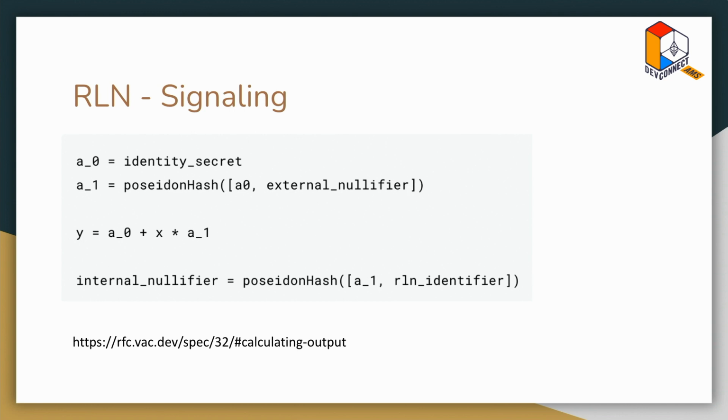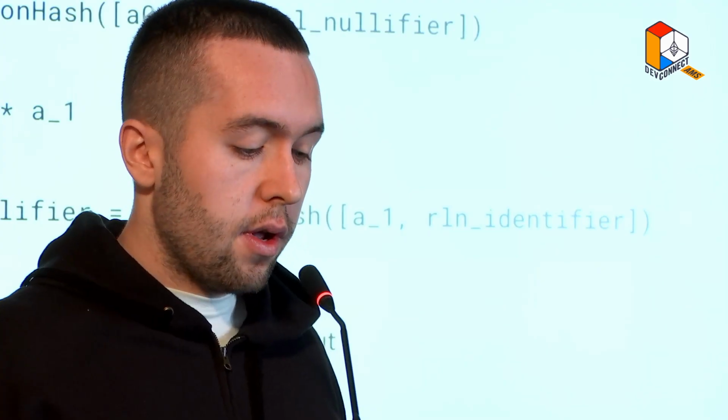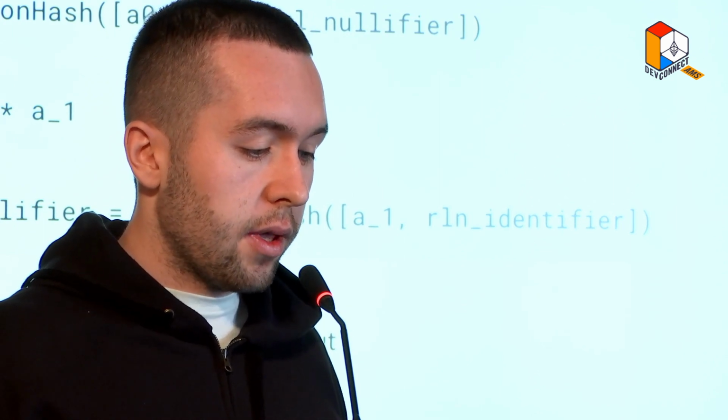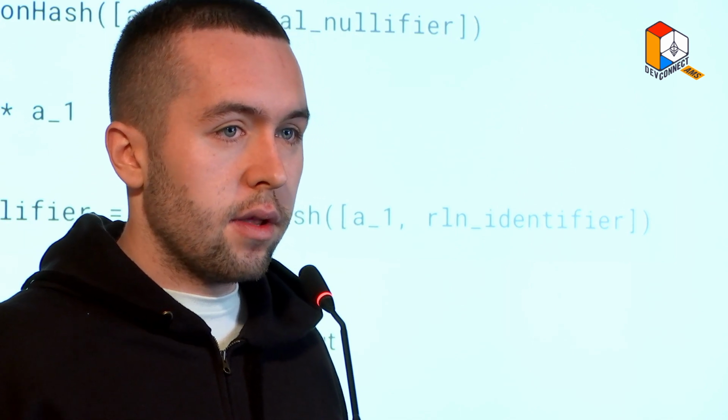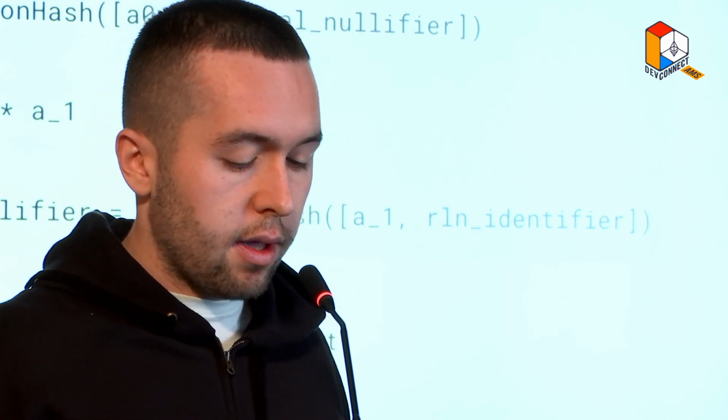In this way, we have an additional parameter called the RLN identifier, and that's used to enable, for example, cross-application protection for the user, because it might happen that a user sends a valid proof for two different applications with the same epoch or external nullifier, and that way they can get slashed as well.